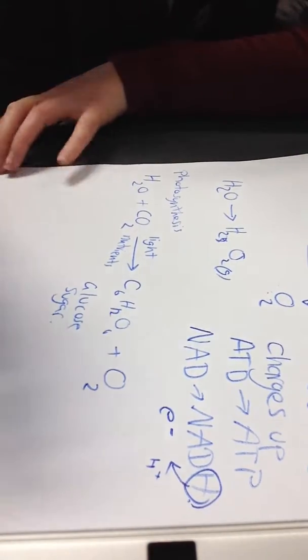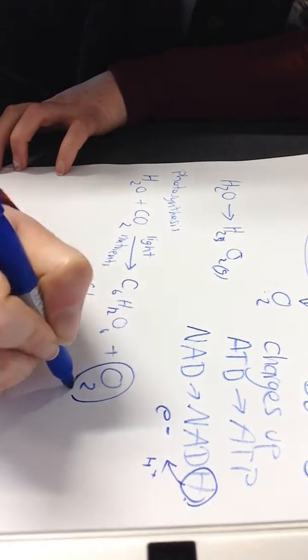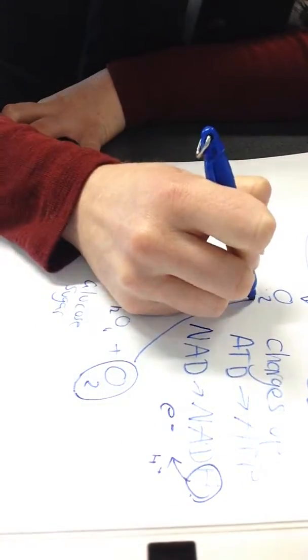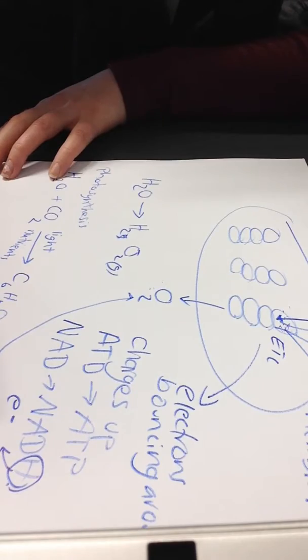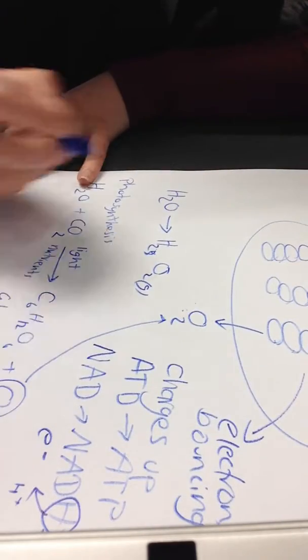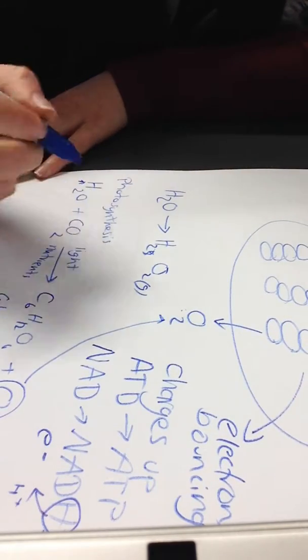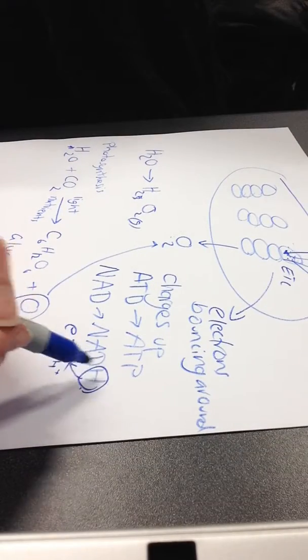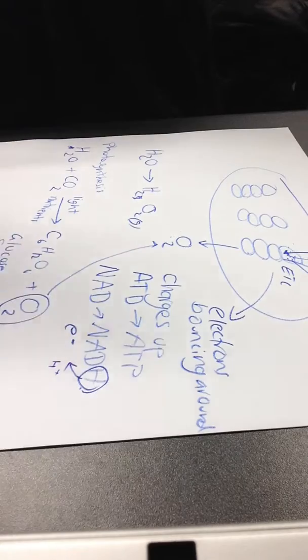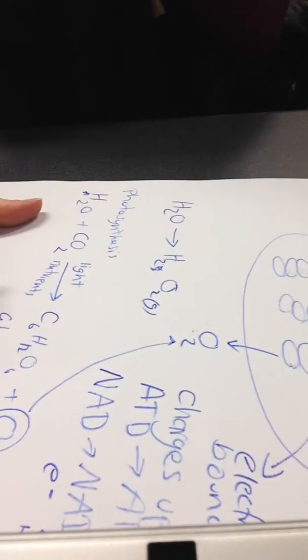So here we have our first byproduct that's come out of the light cycle. That's where that oxygen has come from. And these hydrogens have been bounced onto the electron carrier, NADH. Okay, so that's our first cycle.